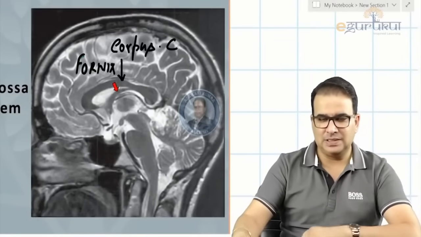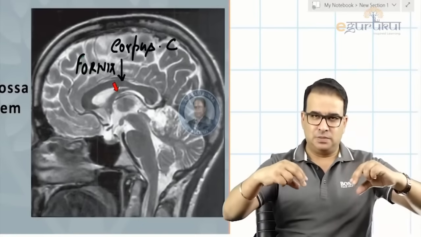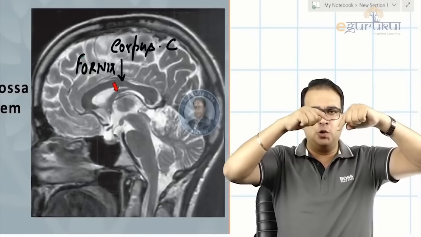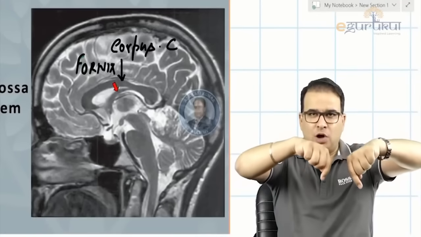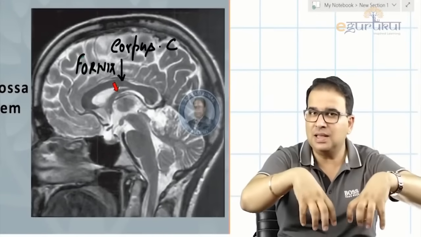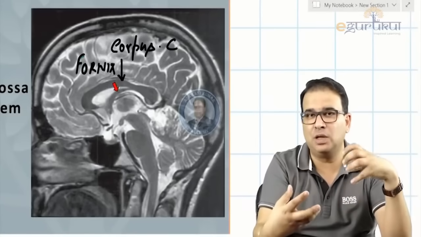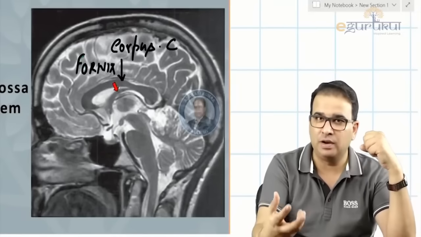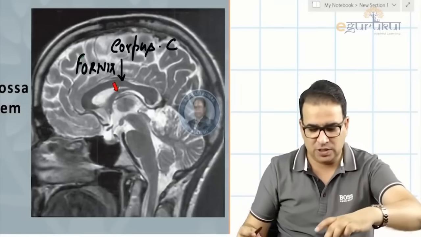What fornix fibers do is, they start from the hippocampus posteroinferiorly, then they arch above, come very, very close to each other, and then they separate as the columns of the fornix, and they end in the diencephalon region. So they basically go to the mammillary body. Mammillary bodies are present in the interpeduncular fossa. Let me show you the picture to justify that.